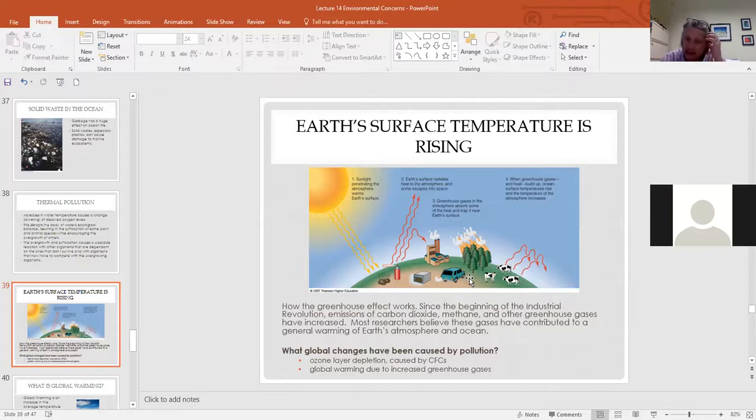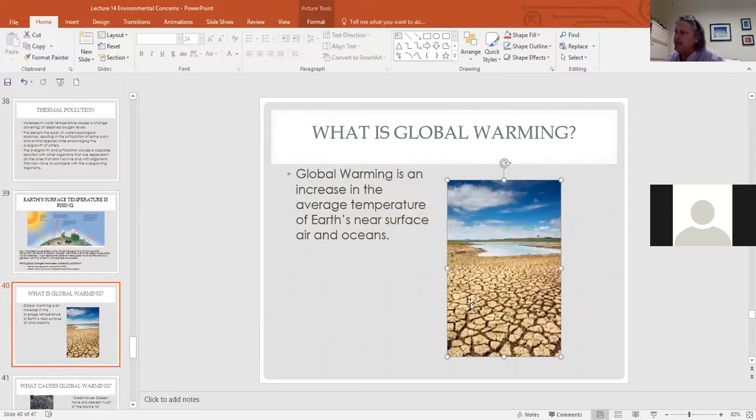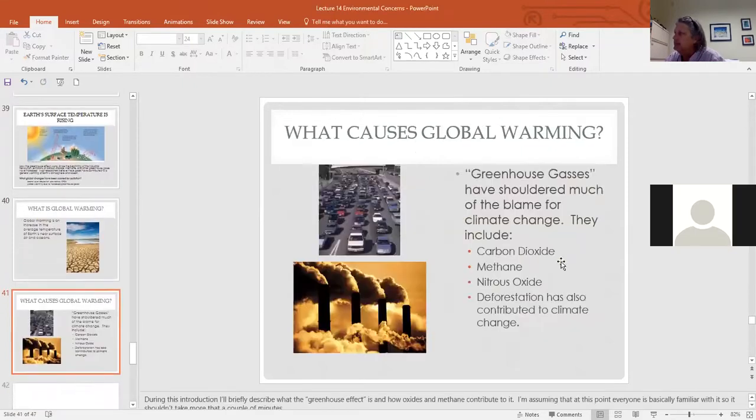Water vapor acts like a blanket. And we're seeing the temperature rise because of all of the human activities, in addition to the natural ones. So our temperature's rising and our climate patterns are changing because of it.